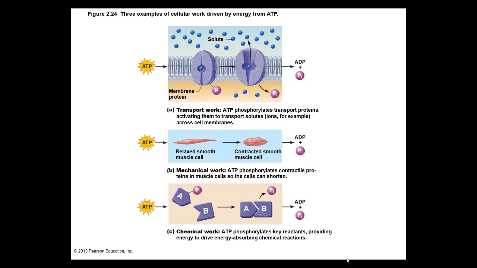We are constantly building new molecules and breaking molecules down in our body. That takes energy as well. So ATP is used to take A and B and shove them together, and now we've got this new molecule. And a lot of times there's energy in a phosphate, it leaves, it's just breaking a phosphate off. So we use ATP all over our body in lots and lots of different types of chemical reactions.